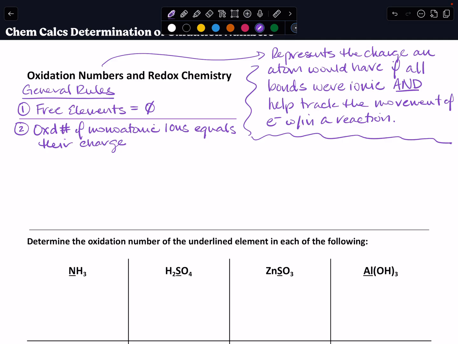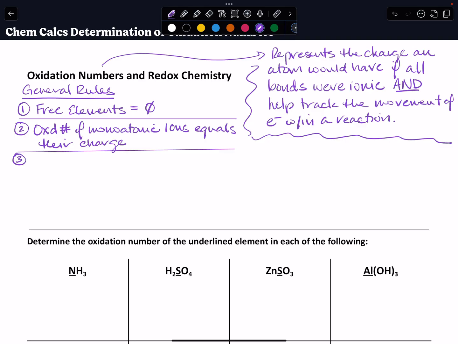So for example, if you had Cl minus, the oxidation number would be -1. If you have Al plus 3, the oxidation number would be plus 3. So if you have a monoatomic ion, its oxidation number is equal to its charge. Now that does not hold for polyatomic ions. They have multiple elements. You've got to figure it out for those guys. But for monoatomic, it equals the charge.